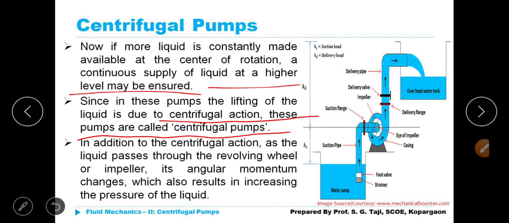In addition to the centrifugal action, as the liquid passes through the revolving wheel or impeller, a major moving part of pumps, its angular momentum changes, which also results in increasing the pressure of the liquid. These parts we will see when we come to that particular article.